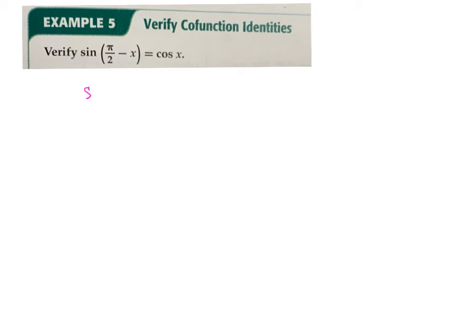The proof of this lies in your sum and difference identities. Because my difference identity says that would be the sine of pi over 2 cosine of x minus the cosine of pi over 2 times the sine of x. All right? And we can fill those in. The sine of pi over 2 is just 1 times the cosine of x.